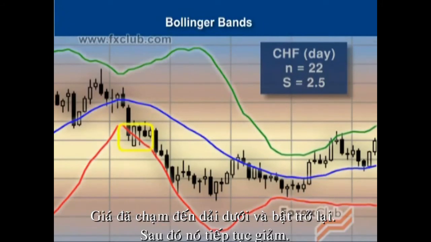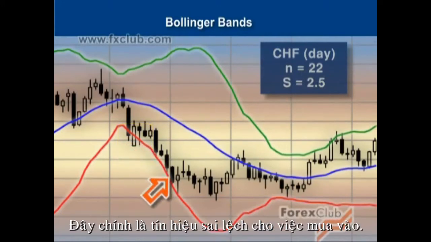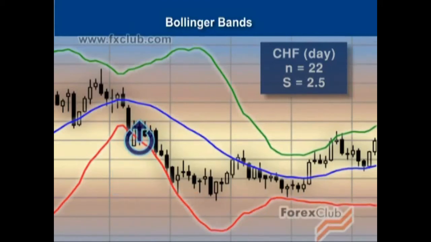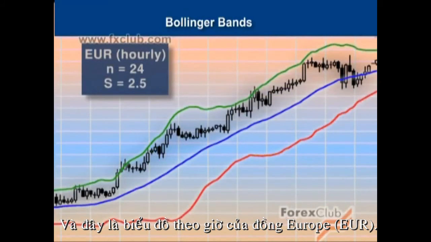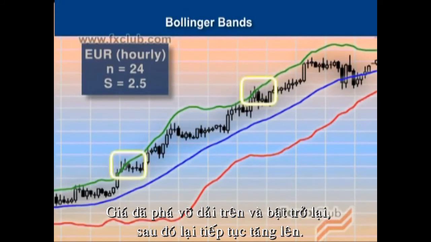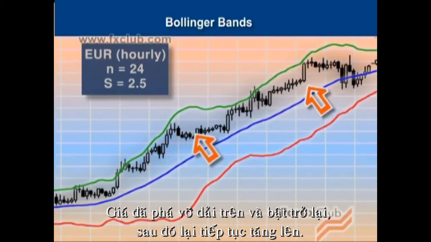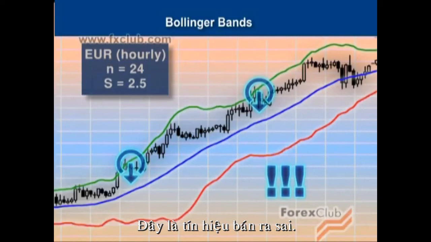The price has breached the lower band and comes back into the range, but then it continues its fall. It's a false buy signal. And this is an hourly euro chart. The price has broken the upper band, but then comes back into the range and then continues on its way up. It's a false signal to sell.